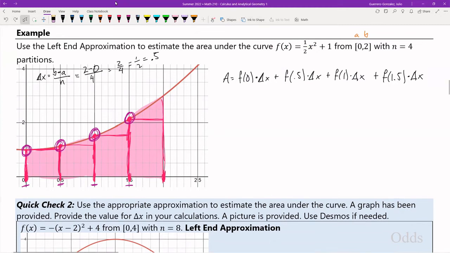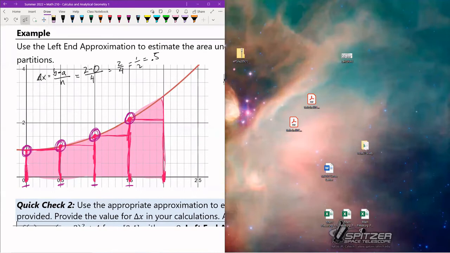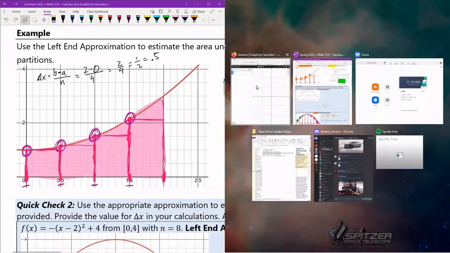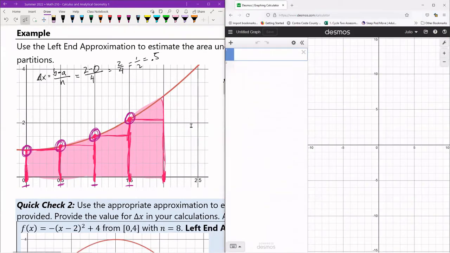Again, that's a lot of arithmetic that I really do not have. Nobody's got time for that. So what I'm going to do instead is use Desmos. I'm going to show you guys how to actually use Desmos to calculate these values for you, okay? Assuming you can plug in everything in the calculator correctly, of course, okay?